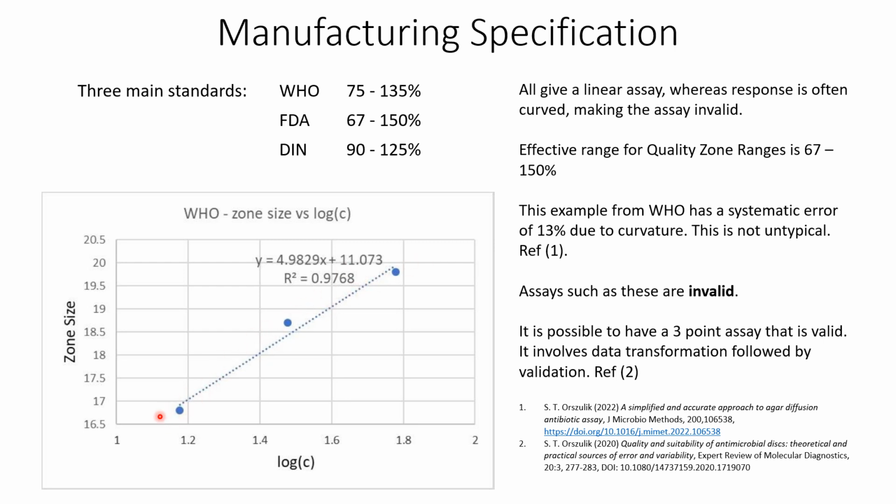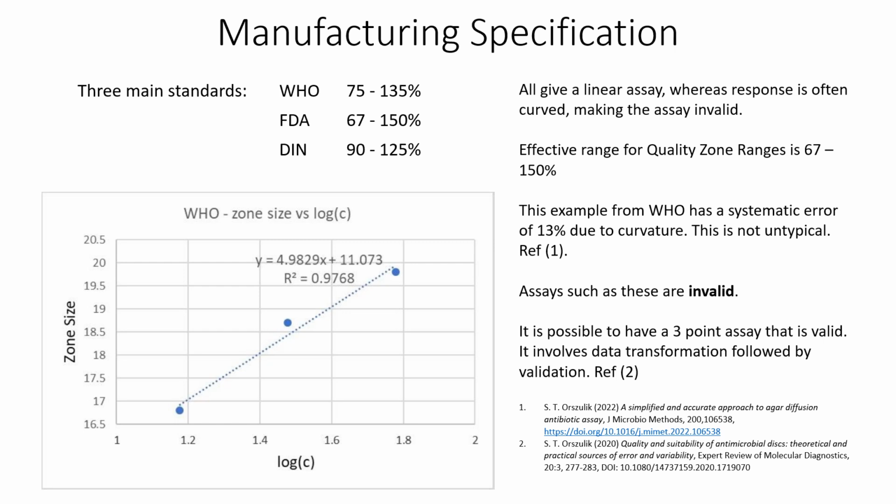These don't line up as a straight line, and there is no requirement from any of the three standards to ensure that it is a straight line. They simply state you produce a straight line, and that is your calibration line.